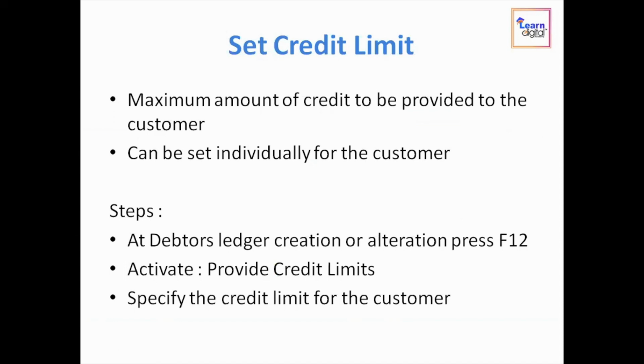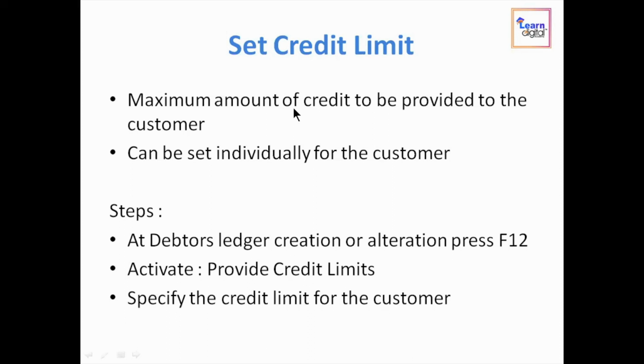Next part is set credit limit. Suppose the credit limit needs to be set, and accordingly we need to pass the invoice. In that case, what we have to do, we will learn in this part. What is a credit limit?